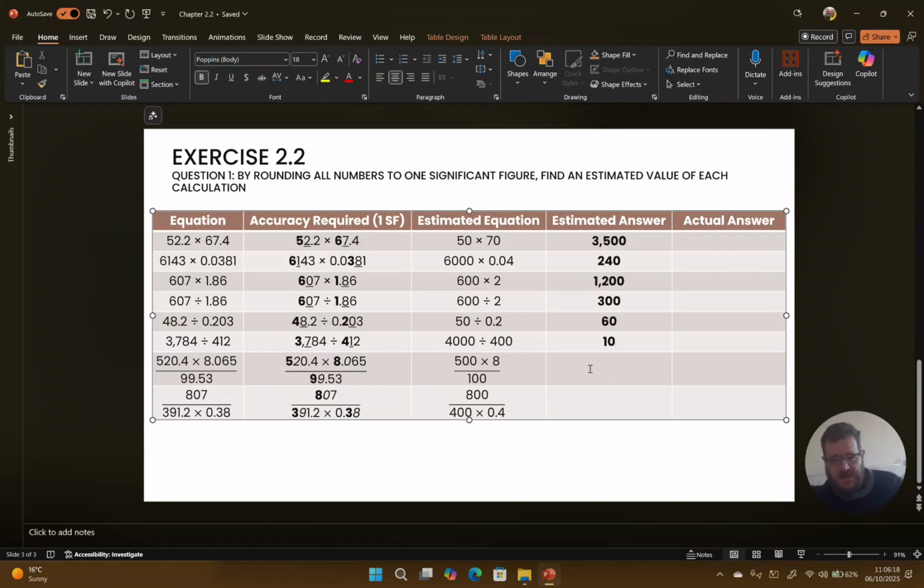Here comes an interesting one. We are now dividing by fractions. So we'll do 500. We'll put this into a fraction.